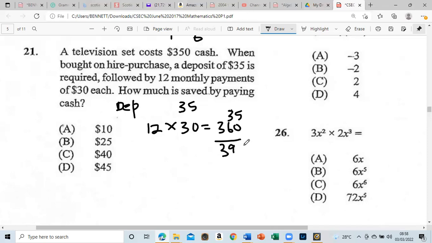So on hire purchase, the total would be 395. That's what you spend. But the savings would be to subtract the cash price, which is 350. Are we good? So the answer is 45, sorry. So it's 45. 21 is D.